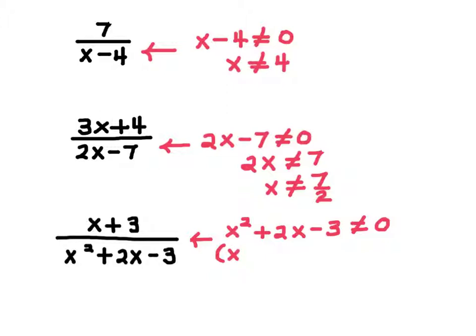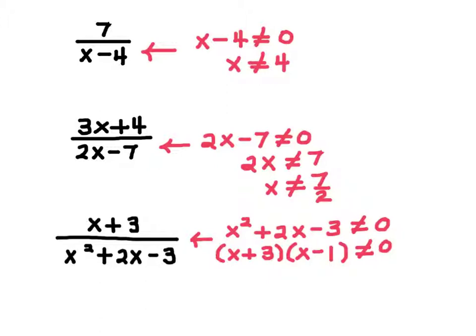If we factor this into the product of two binomials, we have 3 times 1 is 3, and we need to make the first expression plus and the second minus, and we're going to see that 3 plus a negative 1 is 2, 3 times a negative 1 is negative 3, that's our m and our n, so we factored this.